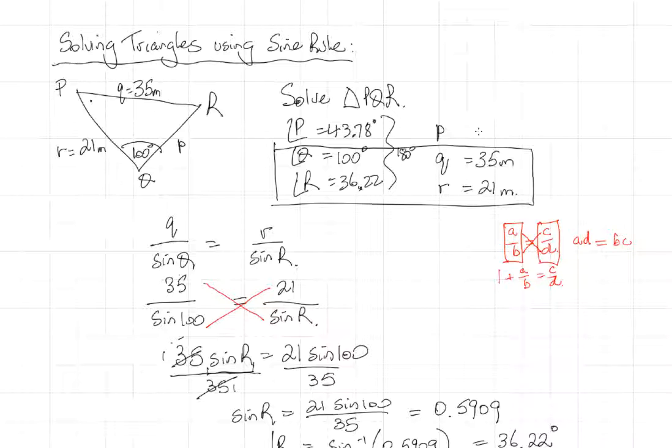So we've still got the length of side P to calculate. Now what we can do is use the sine rule again. And maybe we should just use another color here. So we're trying to find P here.